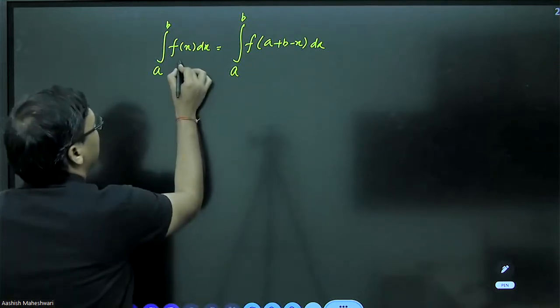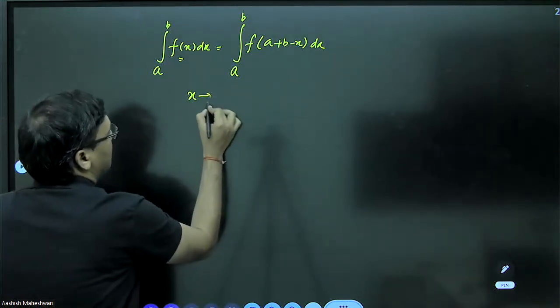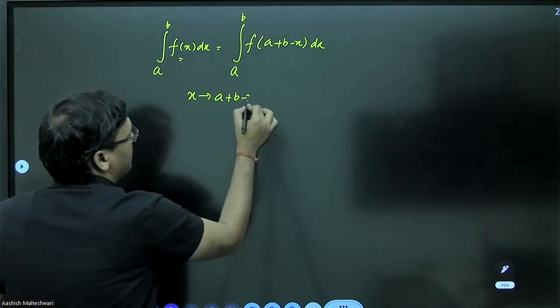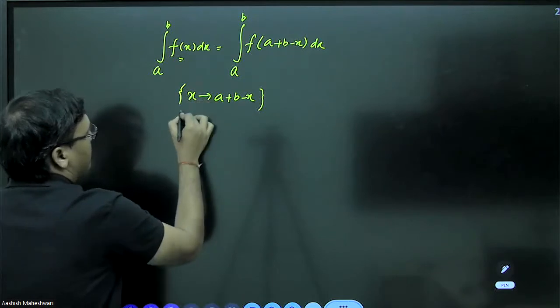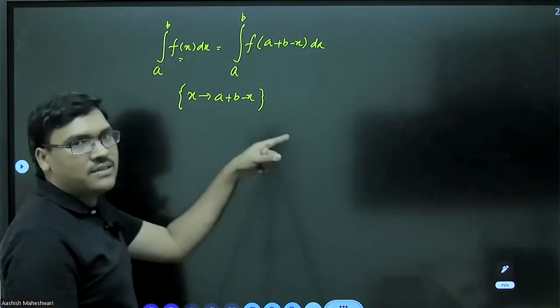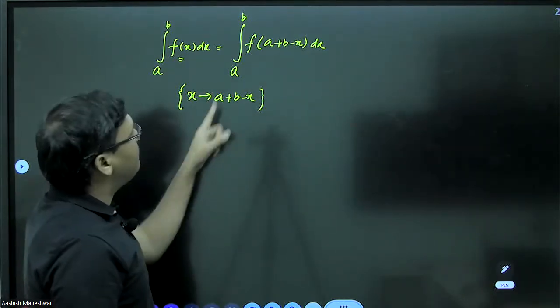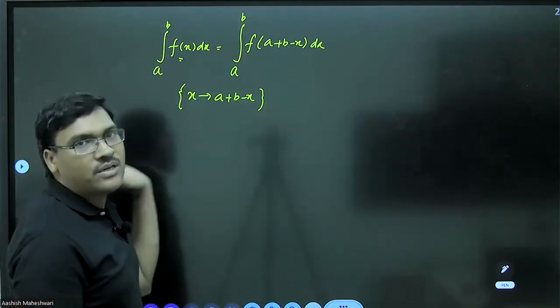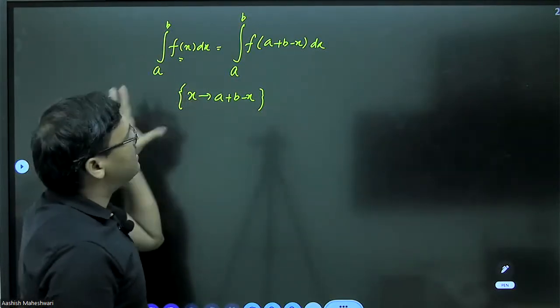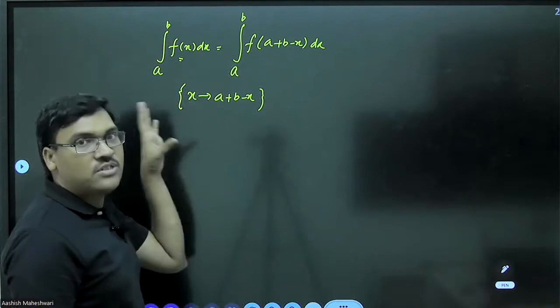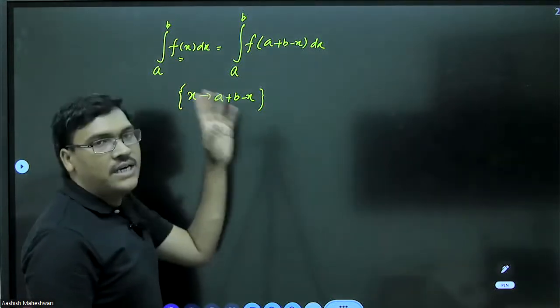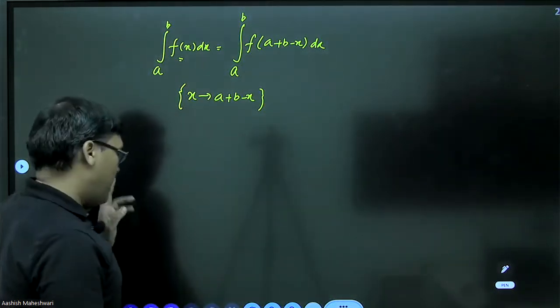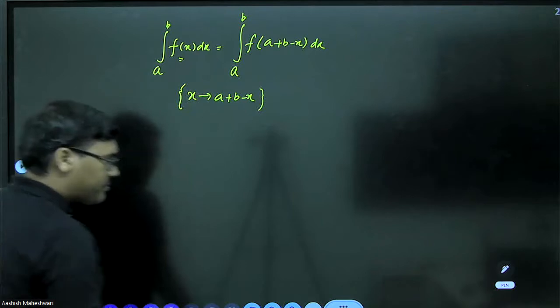That means in this function, if you replace x with a plus b minus x, the value of the integration will remain the same. This looks like a very easy property, but it is very powerful for solving integration questions. I'll discuss a few questions on this.